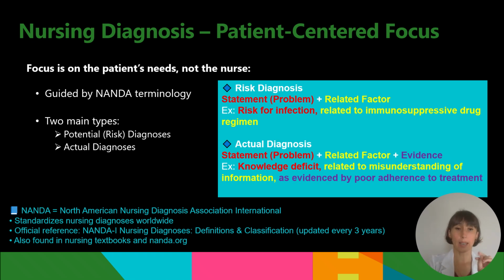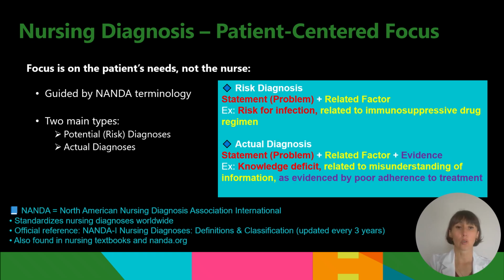So 2 main categories. Let's talk about risk diagnosis first. Risk diagnosis identifies what could happen. So it's not there yet, but it could happen potentially. And when you formulate any diagnosis, risk or actual, it has to be formulated in a specific way, okay?